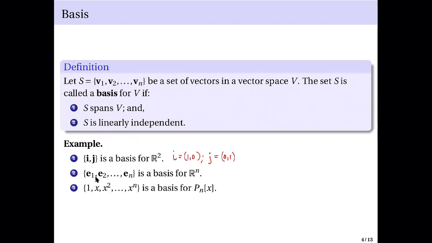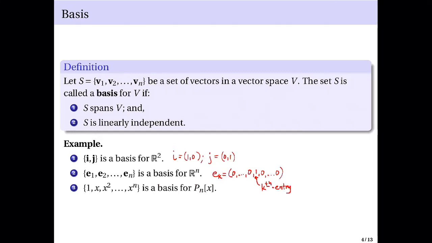In Rn, remember your E1, E2, E3 until En. Let me just write Ek. So Ek is 0, ..., 0, 1, 0, ..., 0, where the 1 is the kth component or kth entry.